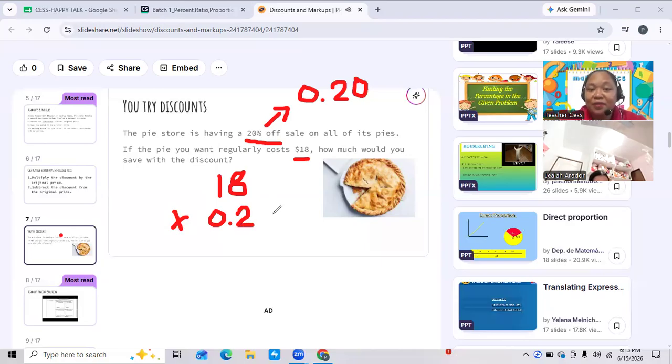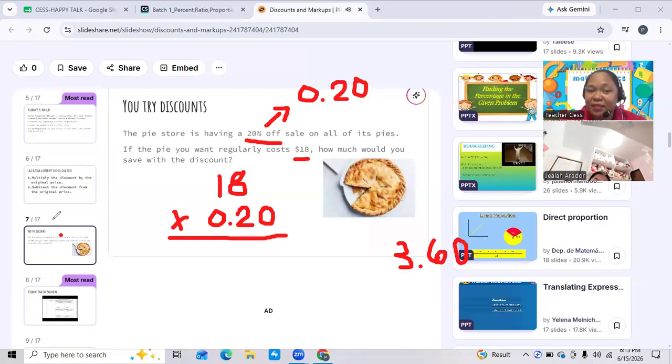What do you think will be the answer? 3.60. Again, 3.60%? You are about to get the discount amount, not a percent. So what will be your answer? 3.60.